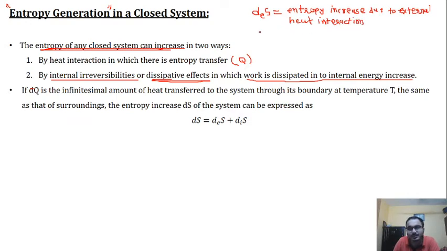Okay, and dis is entropy increase due to the internal irreversibilities.